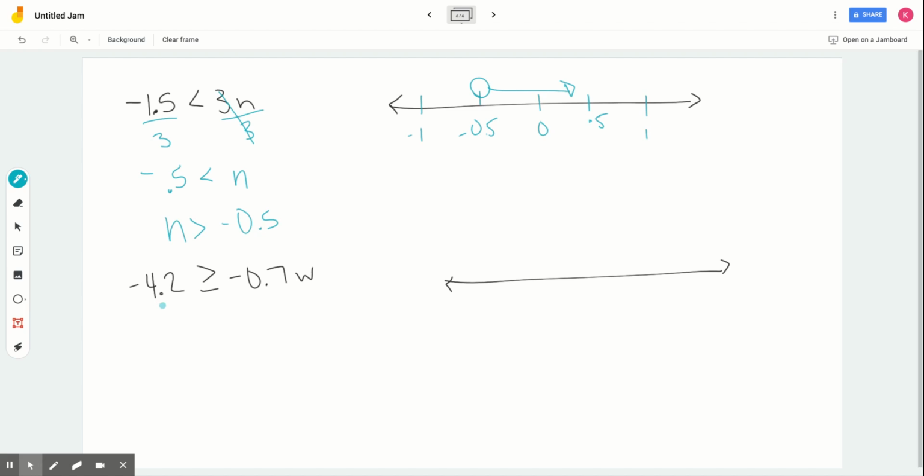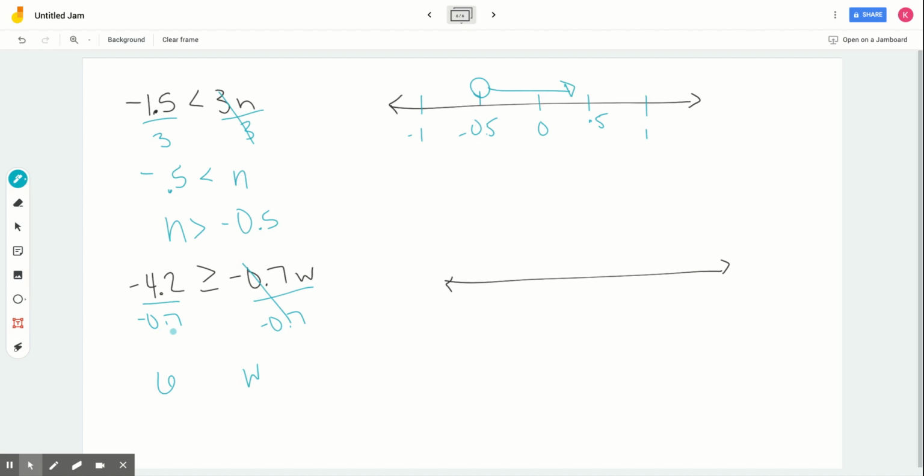On this last one for today, we have negative 4.2 is greater than or equal to negative 0.7w. We divide by negative 0.7 on both sides. Negative divided by a negative is a positive, and 4.2 divided by 0.7 is 6. This side will cancel and we're left with w.